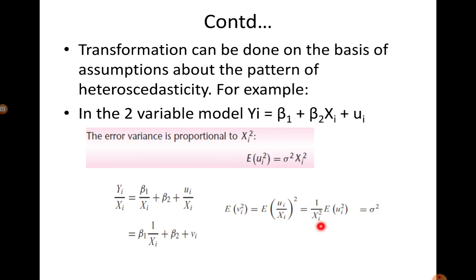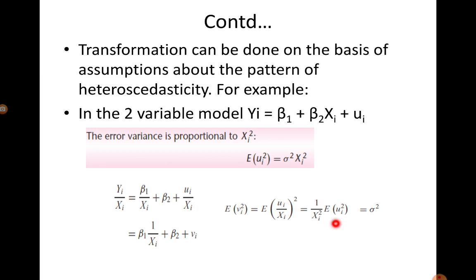Basically you can take 1 by xi square outside the expectation symbol because it is non-stochastic, or non-random. You might have learned these properties of expectations and variances in your statistics classes last year.